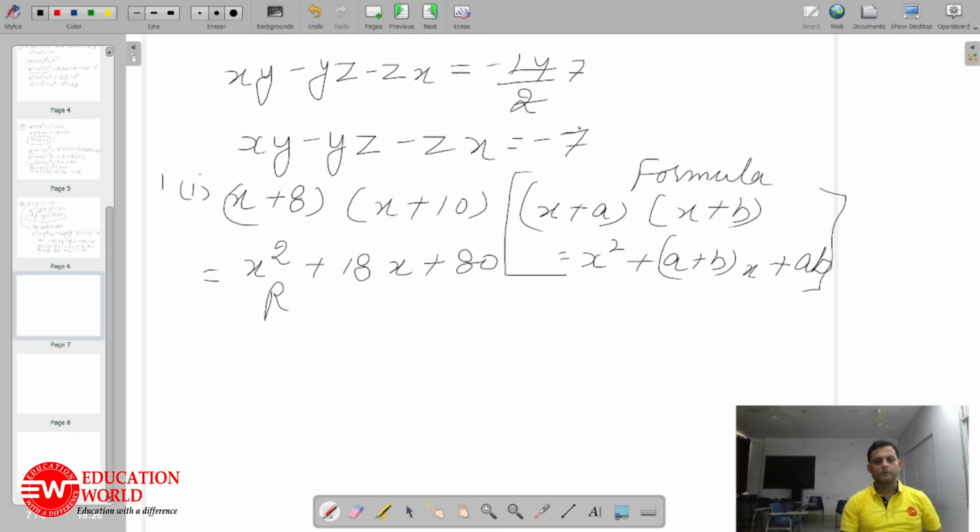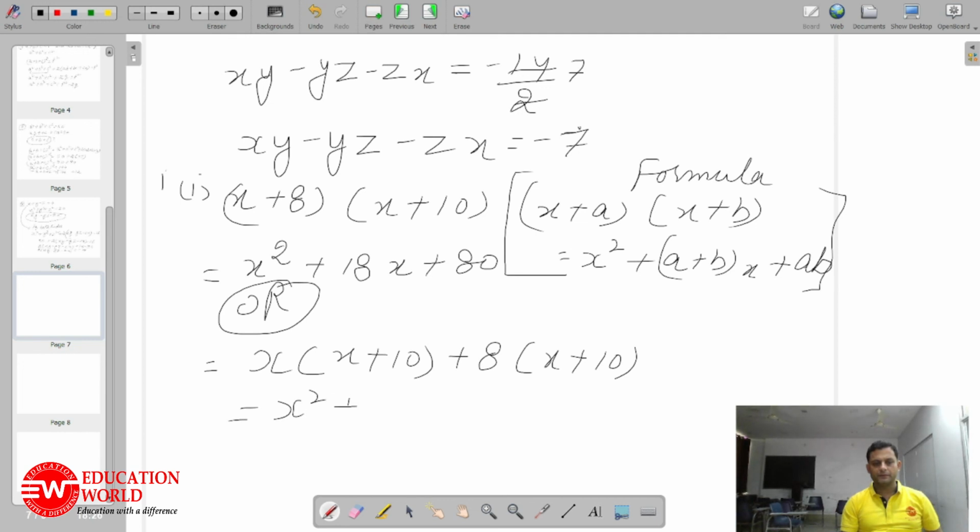Or you can apply it here also: (x + 10)(x + 8). So it will be x square plus 10x plus 8x plus 80. So again you will get the formula. So the choice is yours. You can do it very easily.